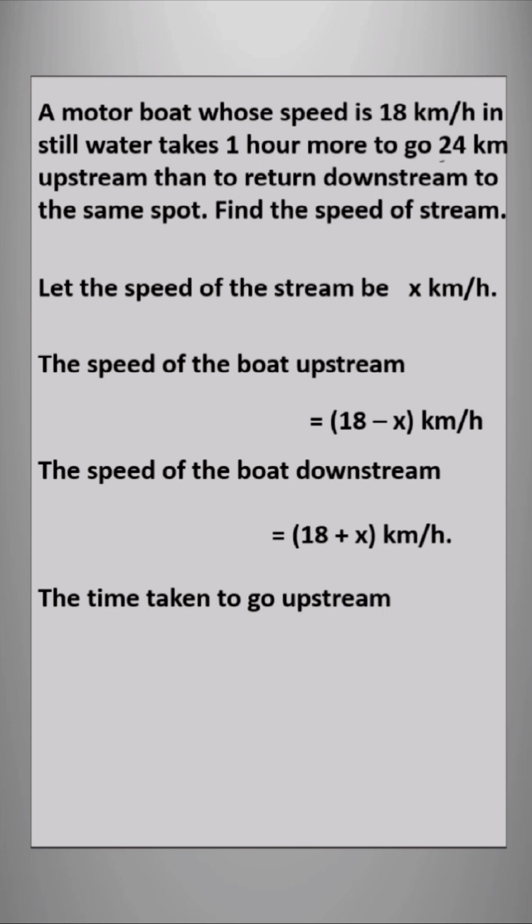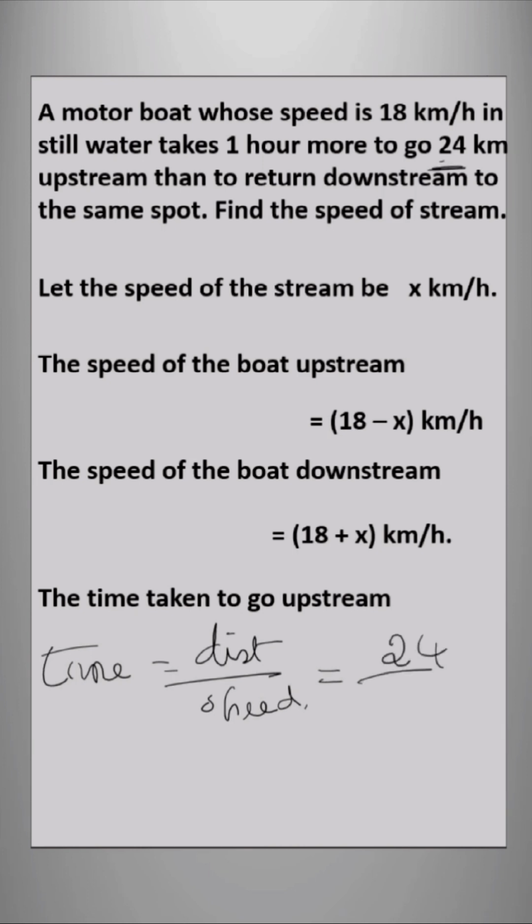Then the time taken to go upstream. What is the formula for time? Time is nothing but distance by speed. What is the distance? 24 kilometers it goes upstream. The speed of the boat upstream is 18 minus x.